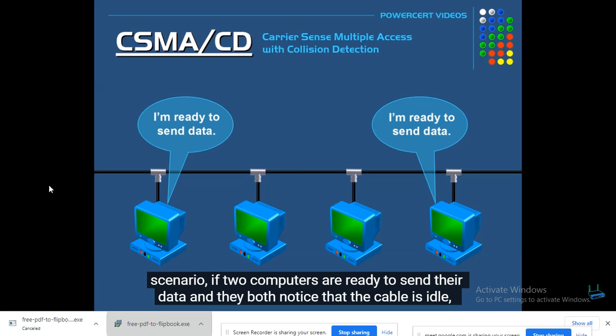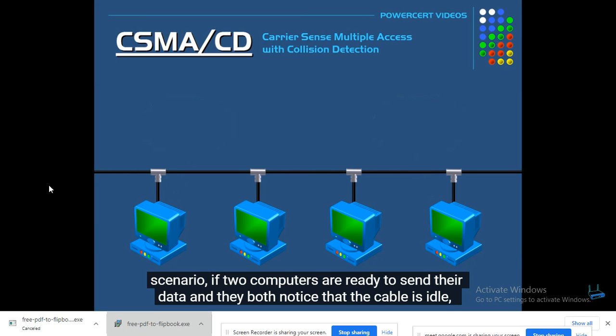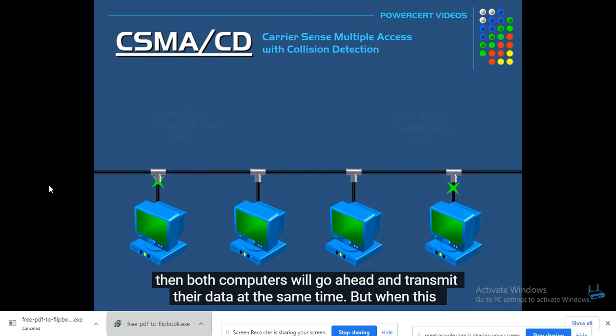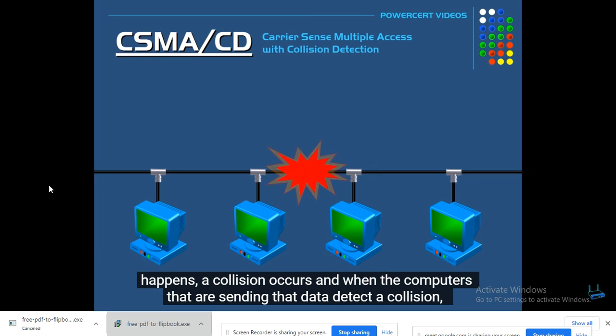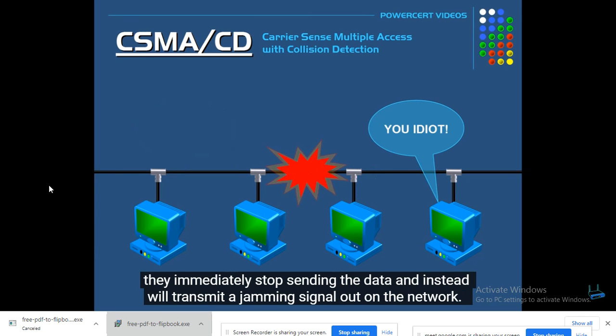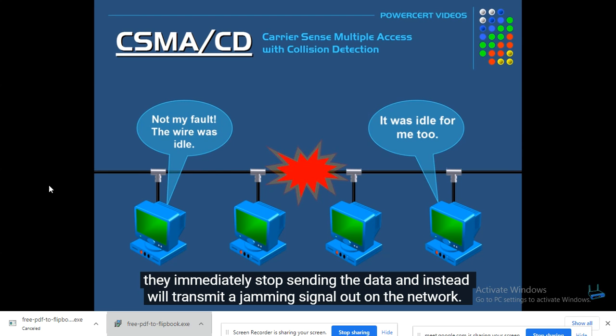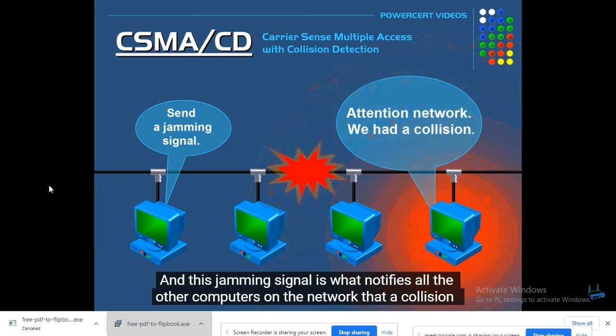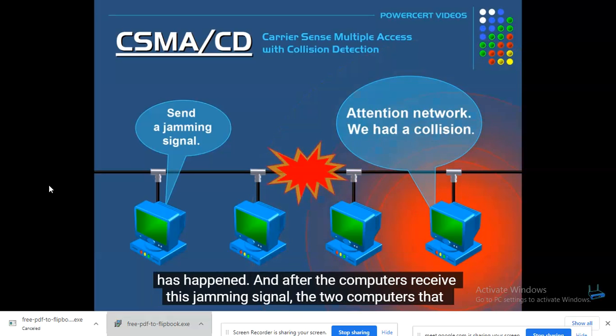Now, in another scenario, if two computers are ready to send their data, and they both notice that the cable is idle, then both computers will go ahead and transmit the data at the same time. But when this happens, a collision occurs. And when the computers that are sending the data detect the collision, they immediately stop sending the data, and instead will transmit a jamming signal. And this jamming signal is what notifies all the other computers on the network that a collision has happened.